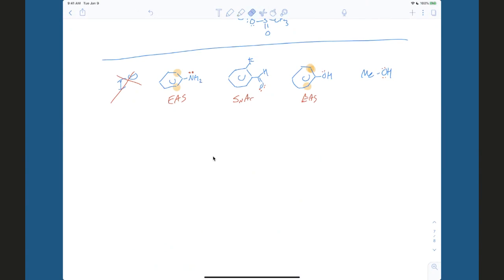You could say that this is sp2 hybridized, so it's going to be less nucleophilic and less basic than, say, the sp3 oxygen. But I think in this section, my thought process was probably that you guys learned nucleophilic aromatic substitution, and aromatic rings are electrophiles in that case.